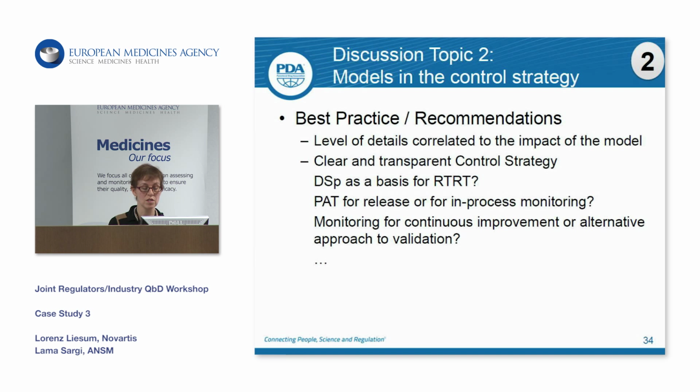If a PAT tool is described, is it used for release or is it just used for in-process monitoring? If there is a monitoring of the process, is it used for continuous improvement or is it really an alternative approach to validation? So depending on the answers to these questions, the impact of the model will not be the same and the data requirements will not be the same also. And so I leave the floor to Florence again.